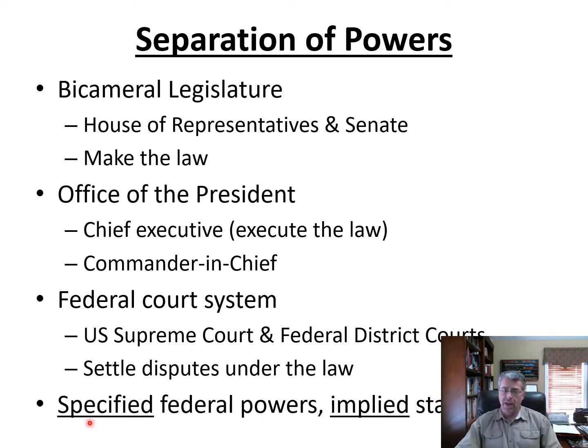Now, in the beginning, the state power is just implied, but we'll see in a little bit how some people will advocate for provisions in the Constitution to specify this in writing. So we have specified federal powers and implied state powers.